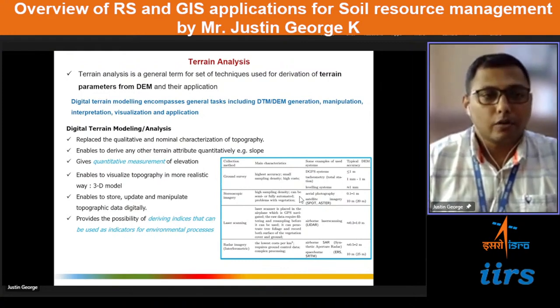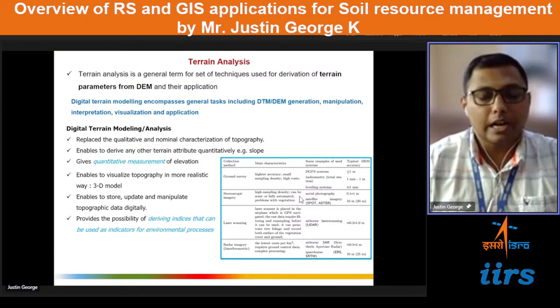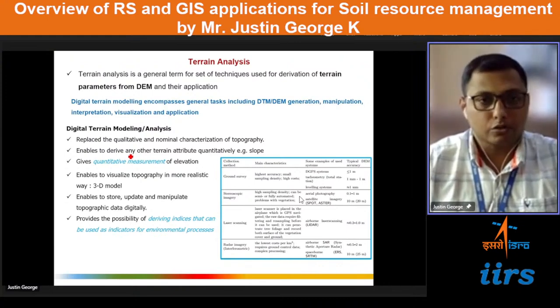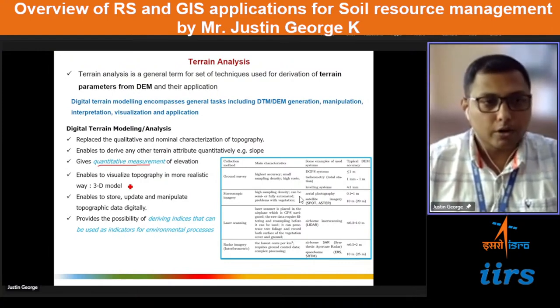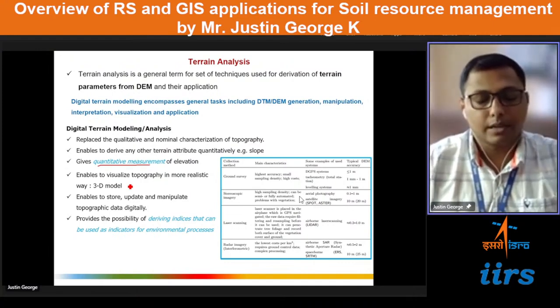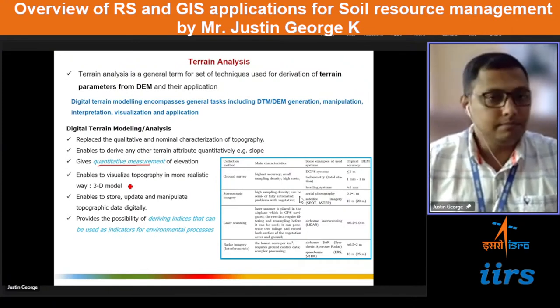The digital terrain modeling or analysis has widely replaced the qualitative as well as the nominal characterization of topography. That's why people have been increasingly using this for the past few years. It also enables us to derive other terrain attributes quantitatively, especially slope. Similarly, it also gives the quantitative measurement of elevation, helps in the visualization of three-dimensional 3D models as well as the digital storage and manipulation of digital data.